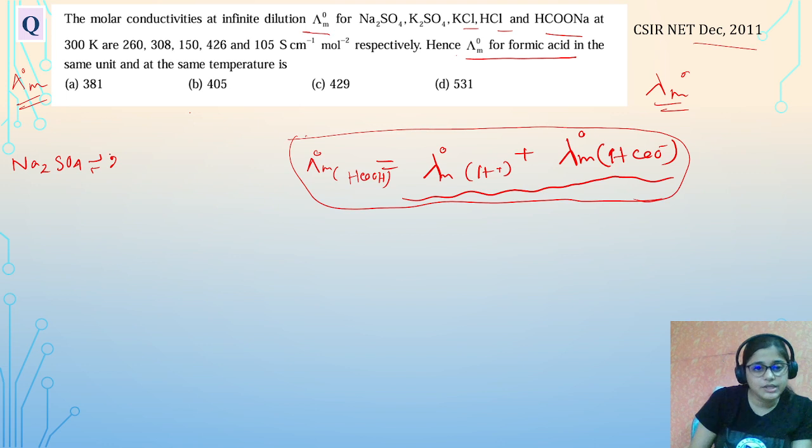Now see what is given. Na2SO4 ionizes as 2Na plus and SO4 2 minus.